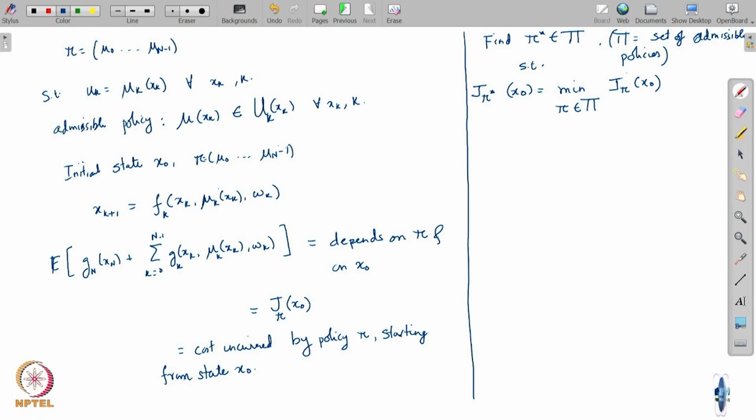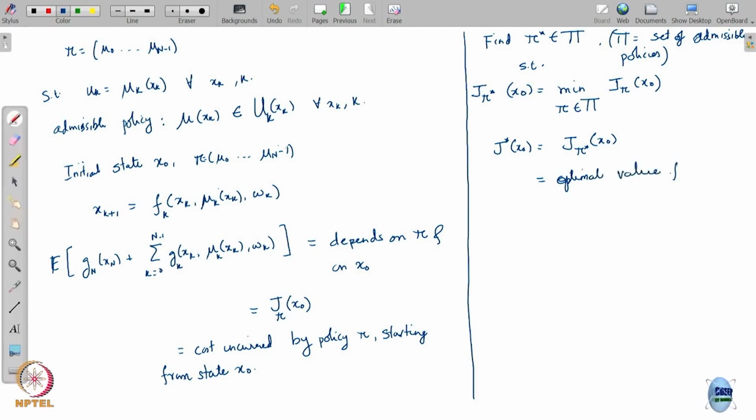So, this quantity, j pi star, is also denoted by j star of x 0. That is simply another way of writing the cost of the optimal policy. It has a name: it is called the optimal value function.